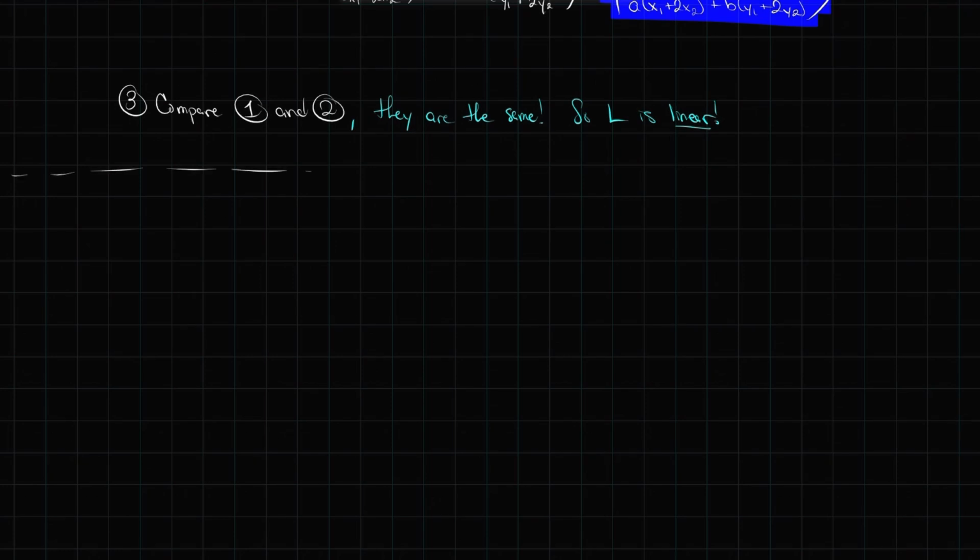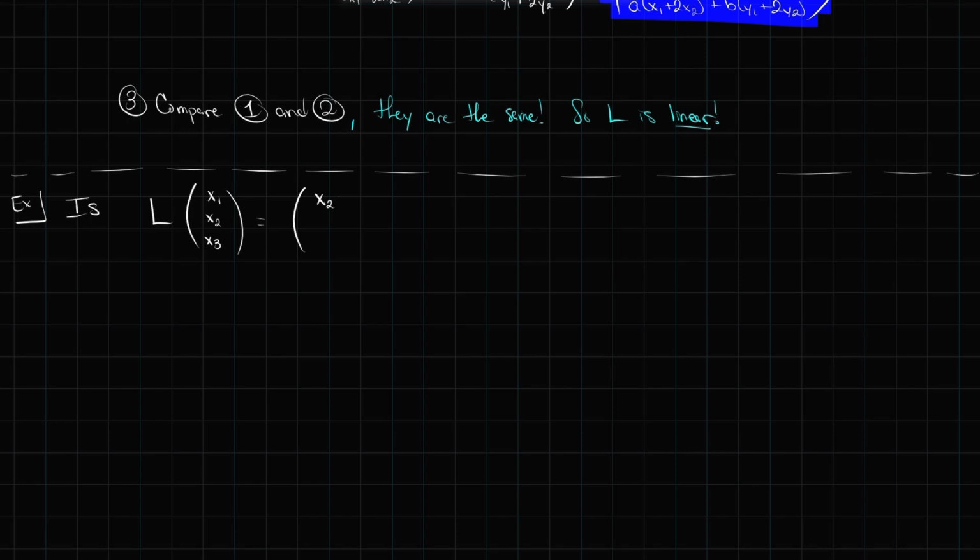Let's test one more question in terms of checking or verifying if something is linear. So I'll ask the question, is L, which maps x1, x2, x3 into x2 plus 1, x3 minus 2x2, and x1 squared, linear? I'm going to check.